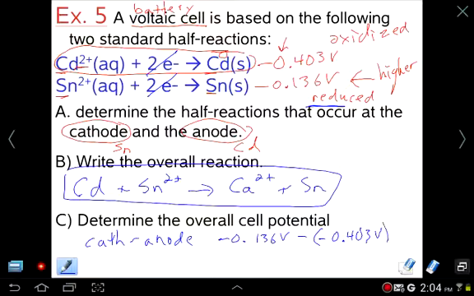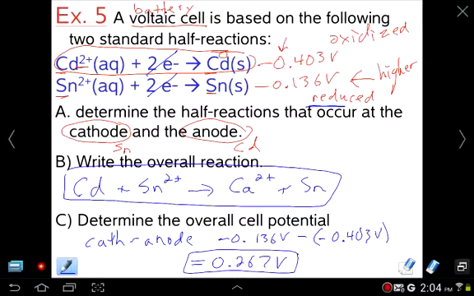This would be the same as adding. So take a look at what we got. Go ahead, try this in your calculator. 0.267 volts, and this is the voltage of our reaction.